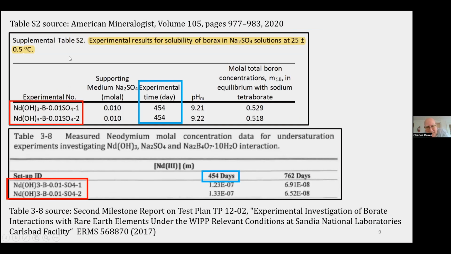And this is another excerpt on the top from the published paper, and you can see that the sample IDs are the same. So this is just part of the data tables from both reports. Top one's published, the bottom one's in a government report, which strictly speaking is also published. And it's got the same sample IDs. If you look at the sampling times, they're the same.